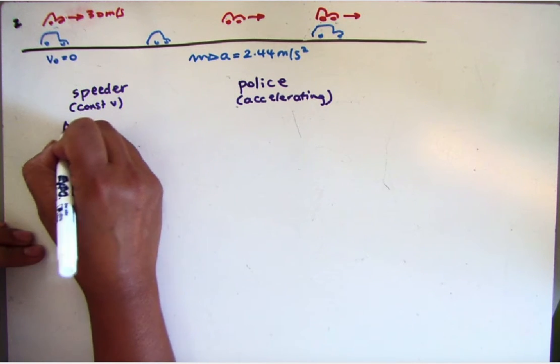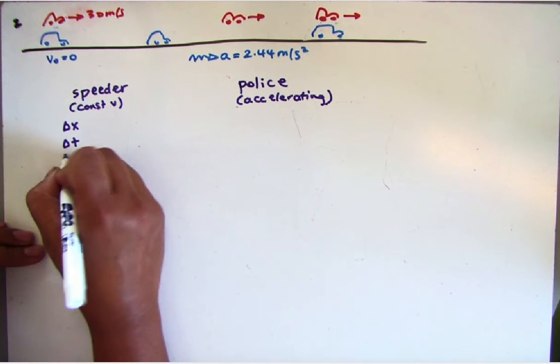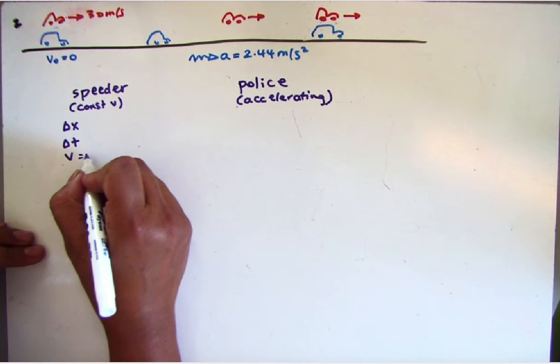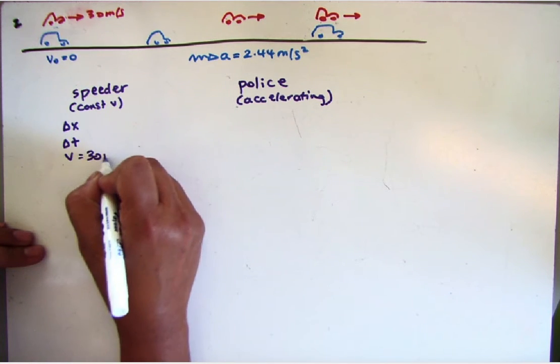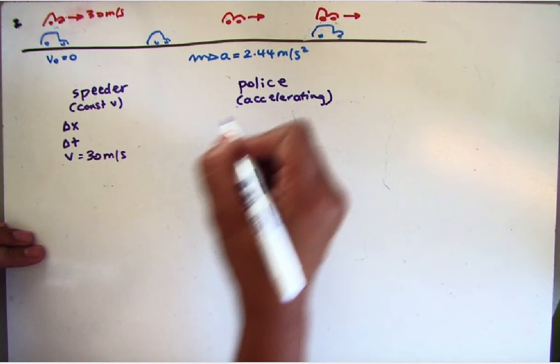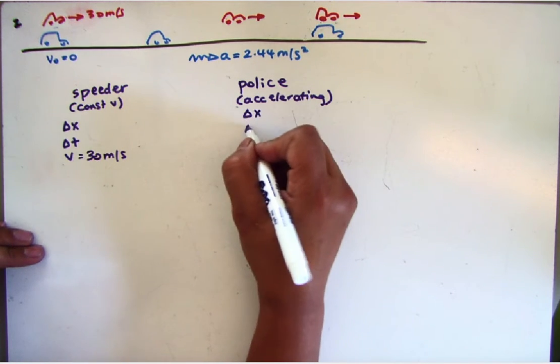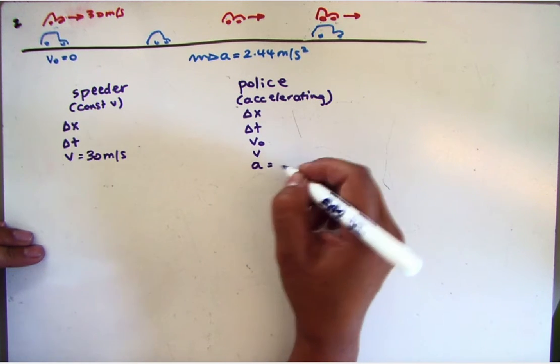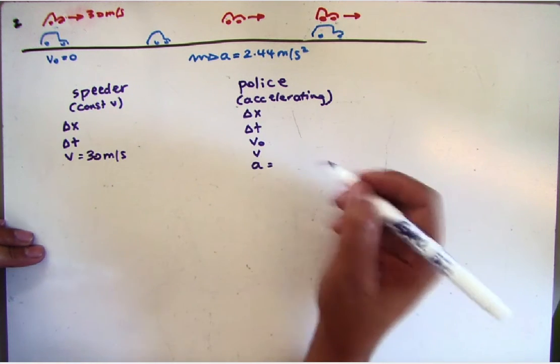In the case of the speeder, delta x, delta t, and v are really enough to describe its motion. We know that its speed is 30 meters per second. The police car, we need to know everything: delta x, delta t, v naught, v, and a.